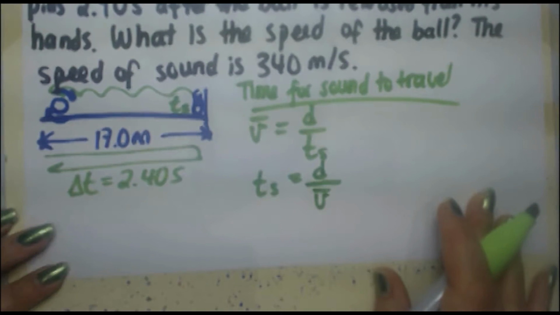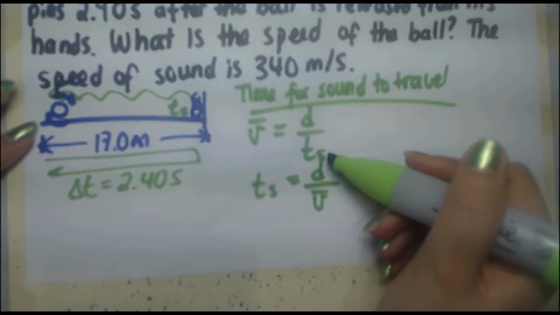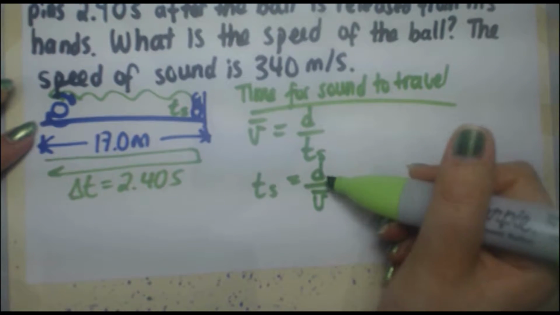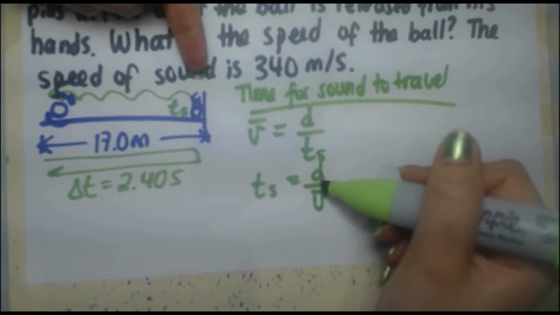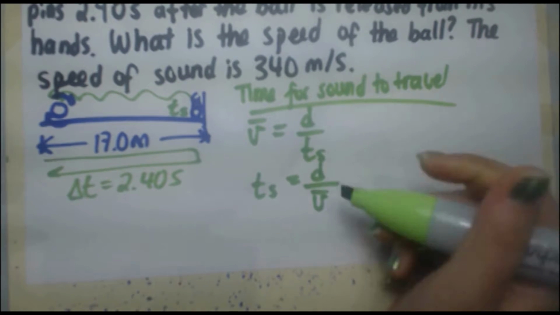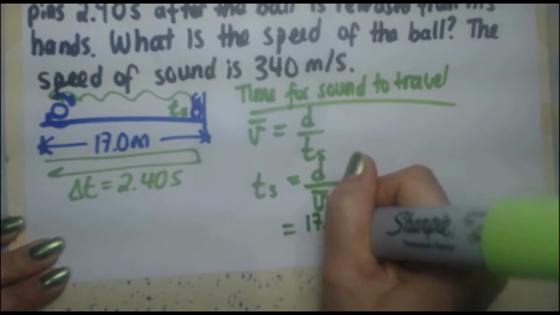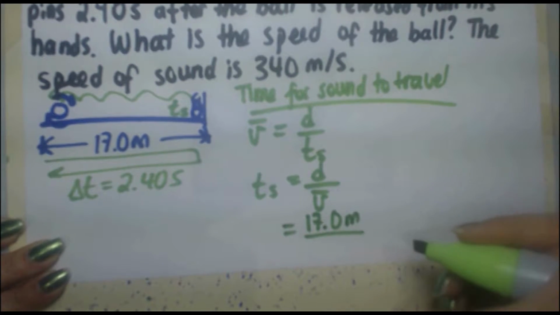Now here's where you have to use your picture. This is the time for the sound to travel. So what distance does the sound travel? Well, it's traveling when the ball strikes the pin, so it actually travels just one length of the bowling lane, which is 17 meters. So don't just blindly plug in numbers here. Make sure it actually makes sense according to the problem.